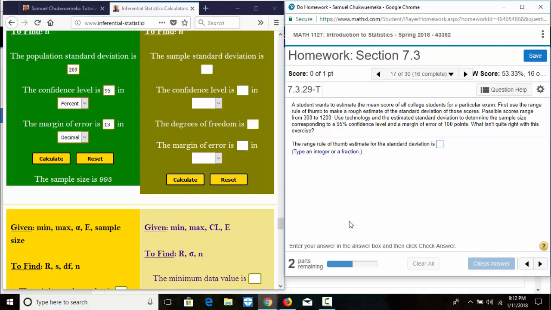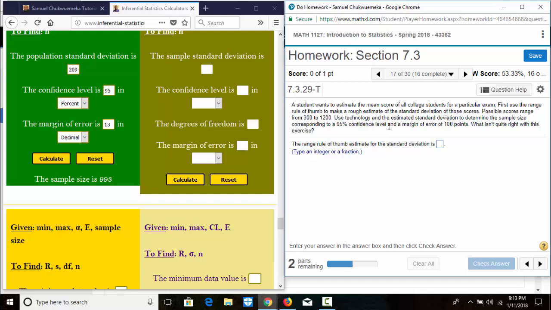Question 17. A student wants to estimate the mean score of all college students for a particular exam. First, use the range rule of thumb to make a rough estimate of the standard deviation of those scores. Possible scores range from 300 to 1200.